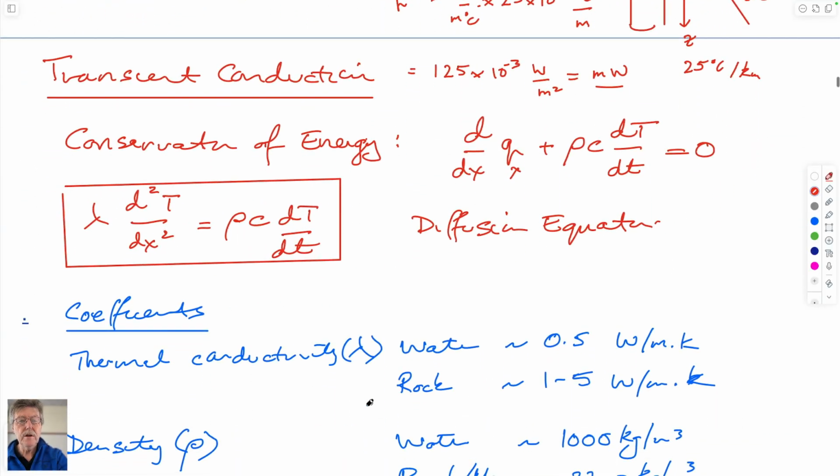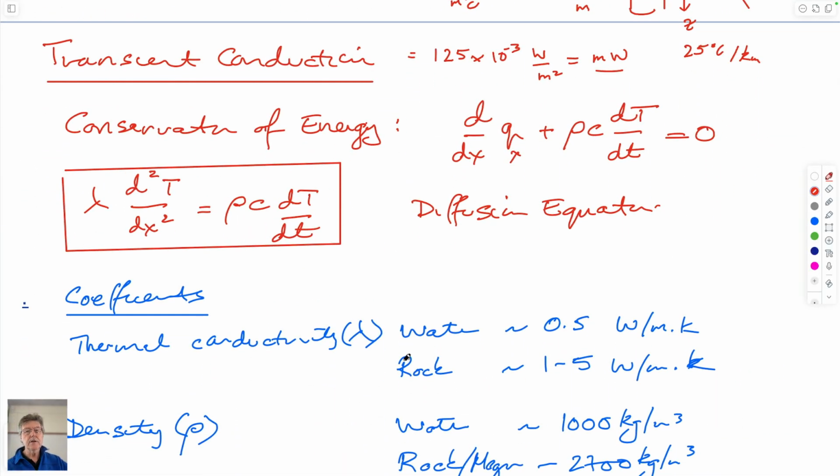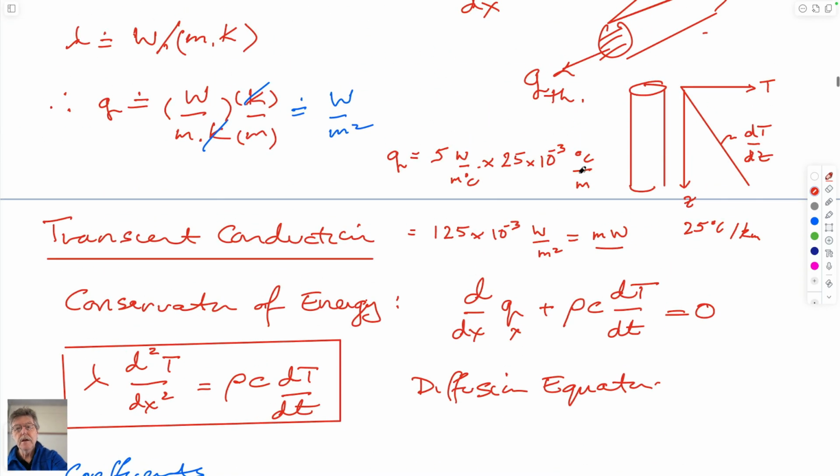So, if we want to be able to calculate heat flux, not just in this very simple geometry, where we automatically satisfy a conservation equation, energy conservation equation, we need to substitute Fourier's law into a conservation equation.